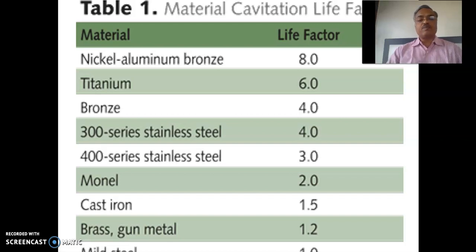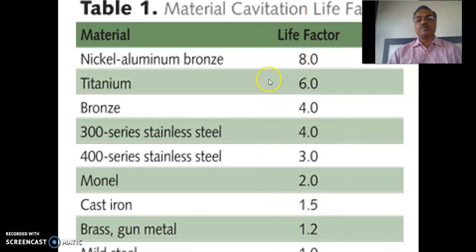Also, we can select proper material in order to avoid the early loss of material. So we should select materials having high cavitation resistance or erosion resistance. For example, this table shows the material cavitation life factor.